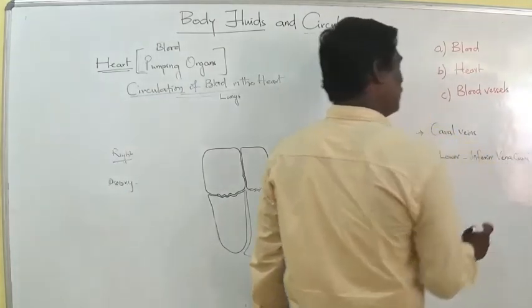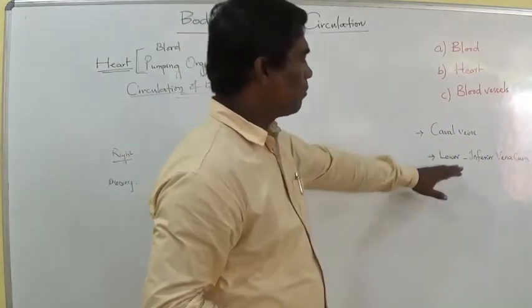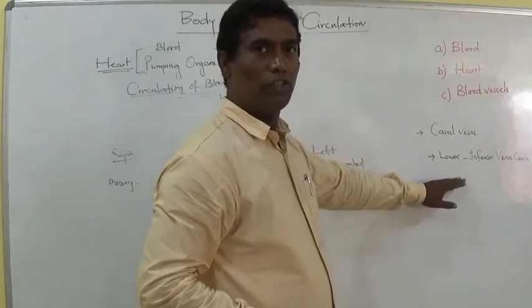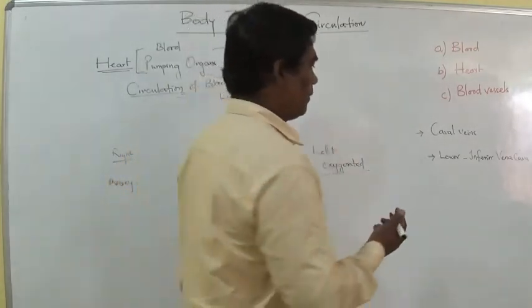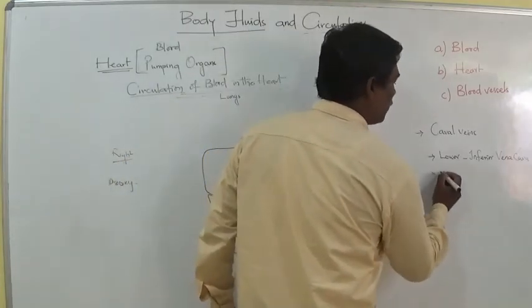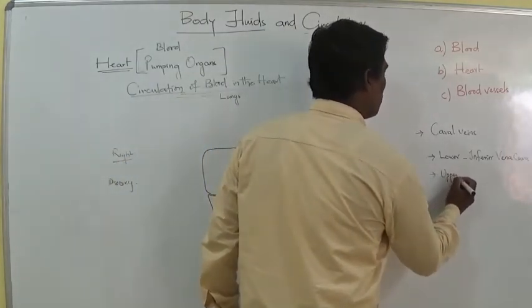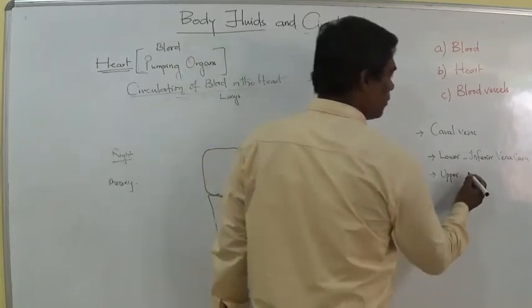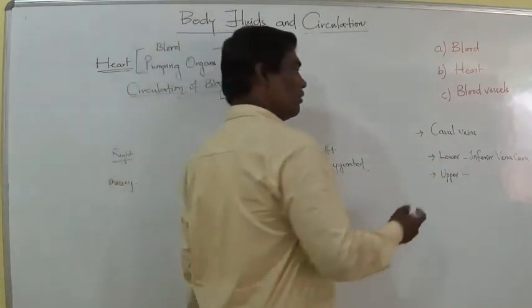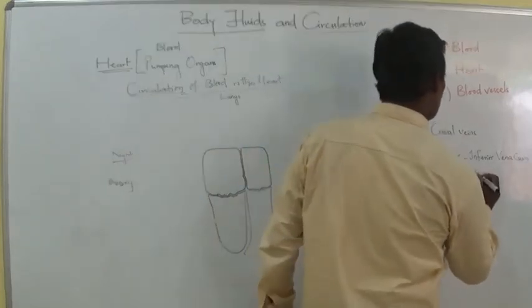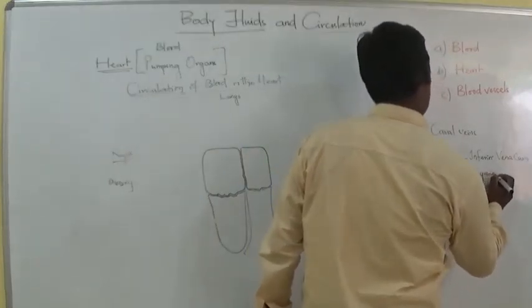The inferior vena cava brings the impure blood from the lower part of the body through systemic circulation. From the upper parts of the body, above the heart region, the impure blood through systemic circulation is brought by the superior vena cava.